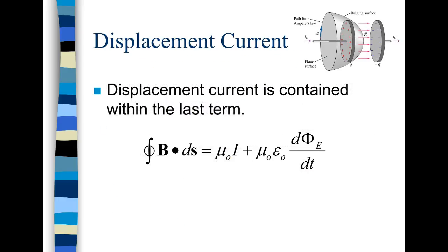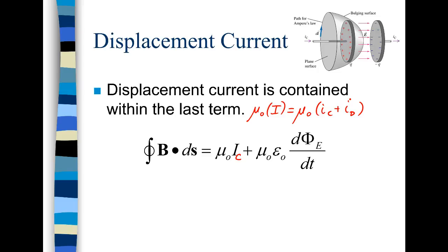Well, we modify Ampere's law so that displacement current is contained within the last term. So IC here is conduction current, so mu naught times I total is actually equal to mu naught times I conduction plus I displacement. And these really should be lowercase because they're a function of time.